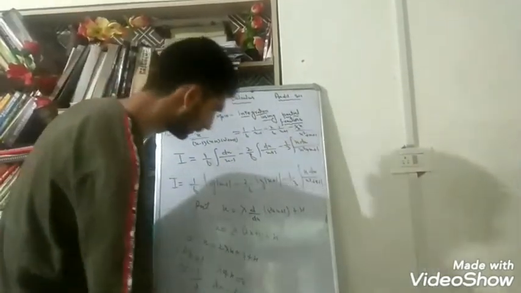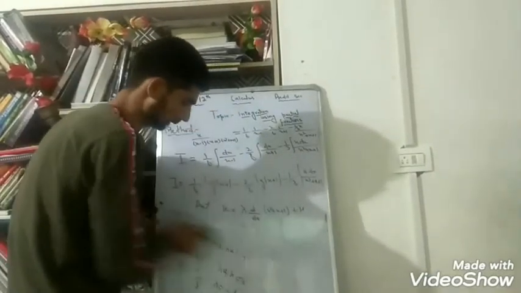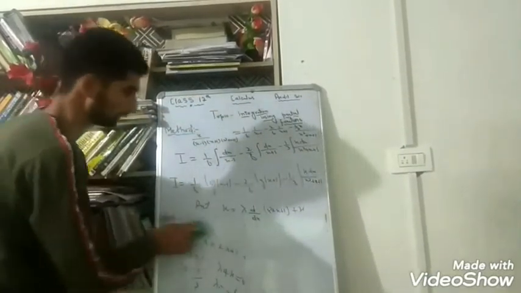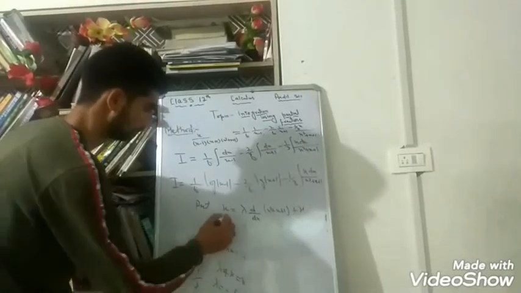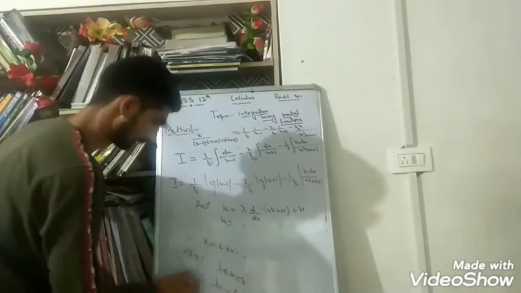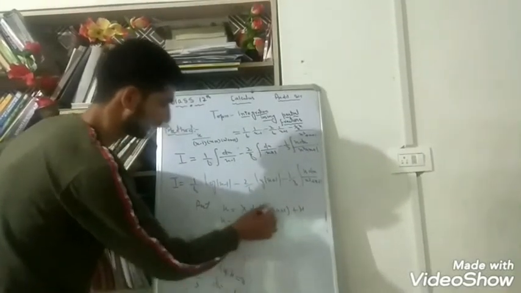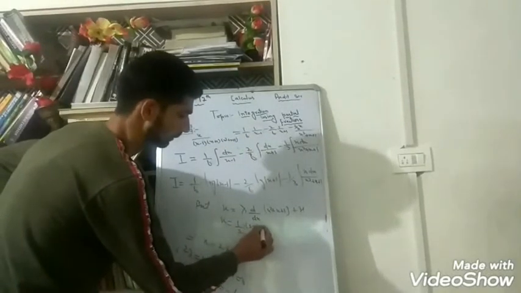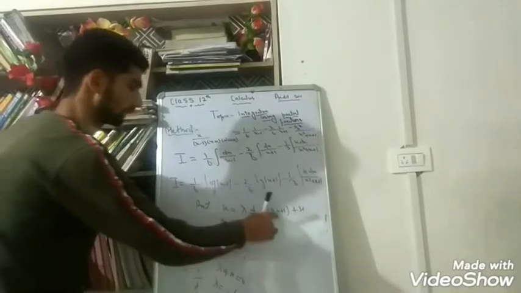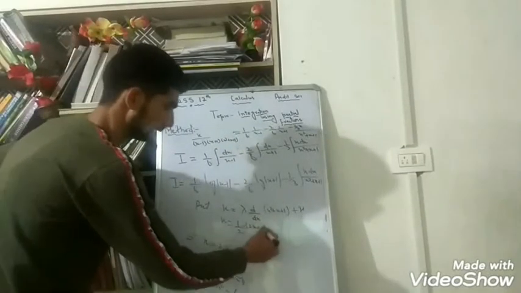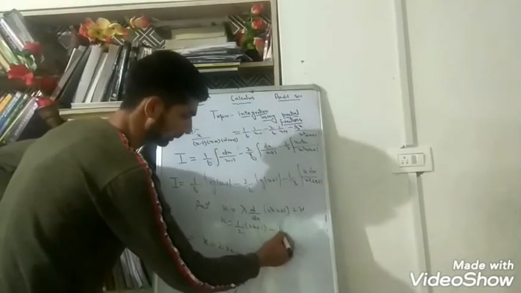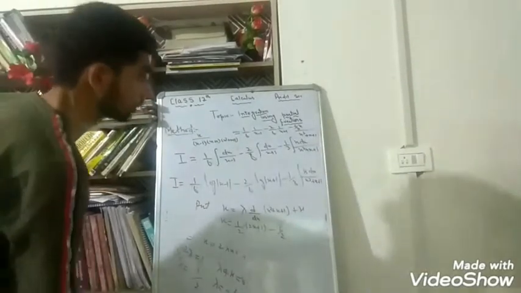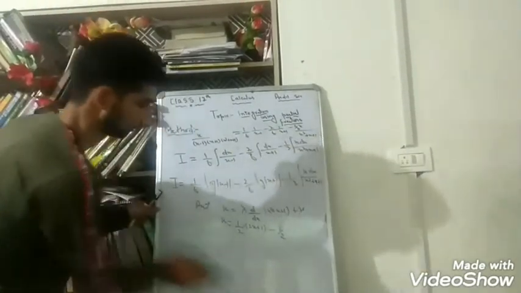So our substitution will be x is equal to 1 divided by 2 times 2x plus 1, and then plus mu, that is minus 1 divided by 2. We will substitute this into our integral and we will get the solution.